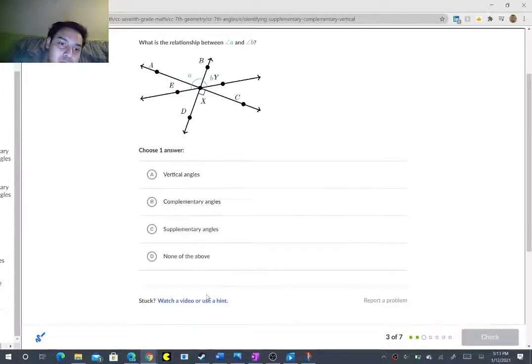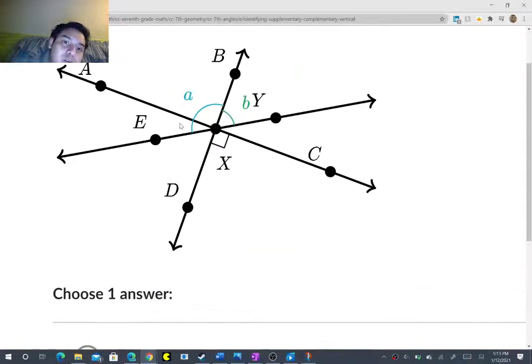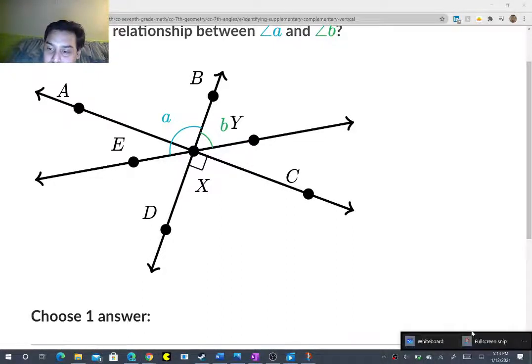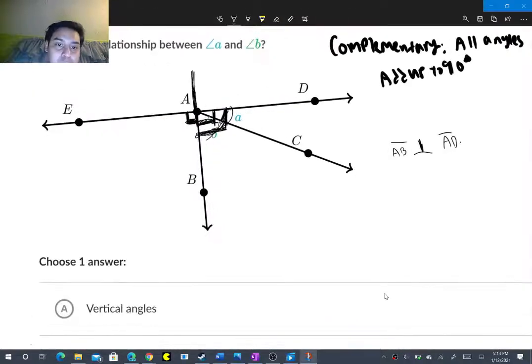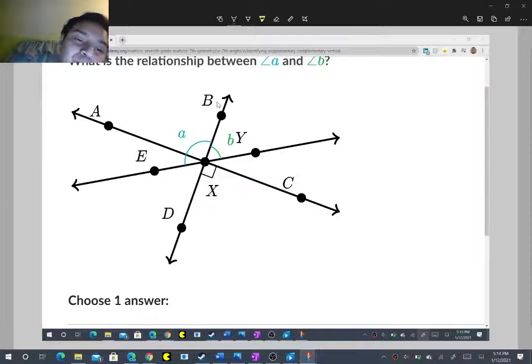Okay, so then this one here, we have A and B. So we have angle A, and then we also have this angle here.